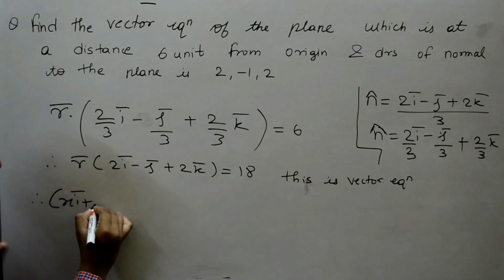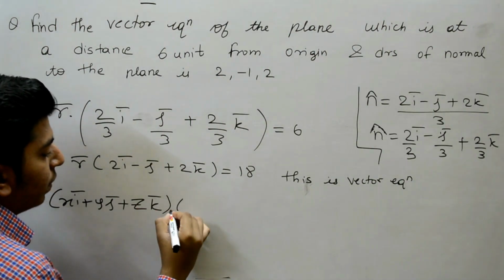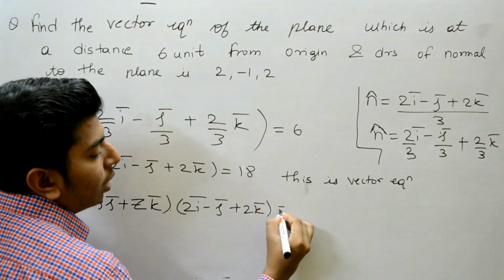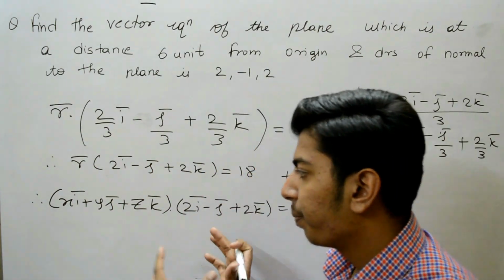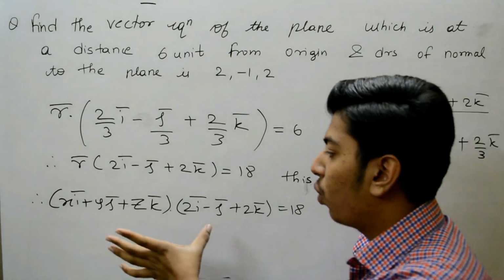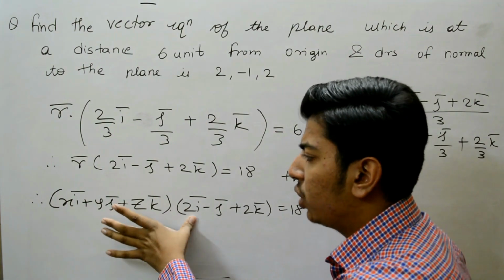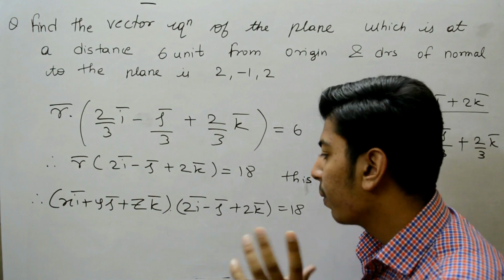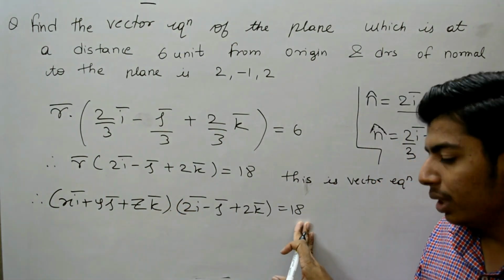Xi bar plus yj bar plus zk bar into 2i bar minus j bar plus 2k bar is equal to 18, and it is the dot product of them. So you have to multiply the coefficient of i bar with the coefficient of i bar. Here 2 into x, 2x, minus 1 into y, minus y, 2 into z, that is 2z, is equal to 18.